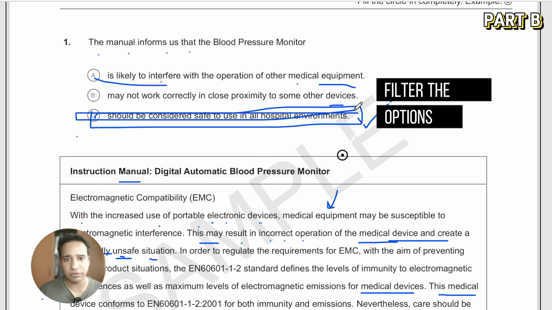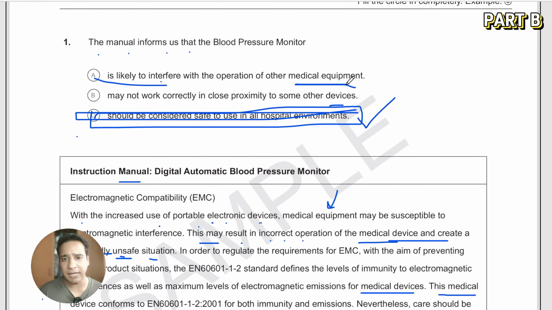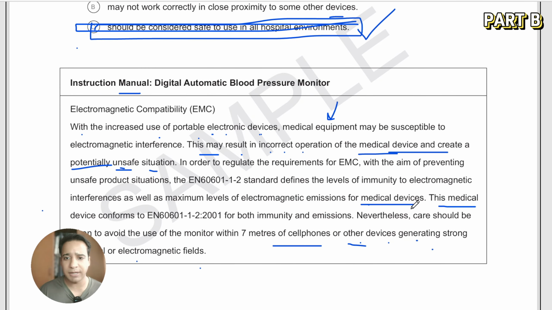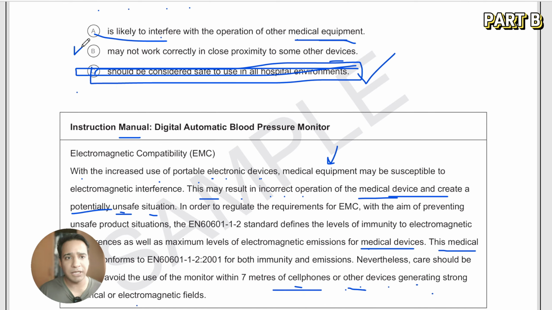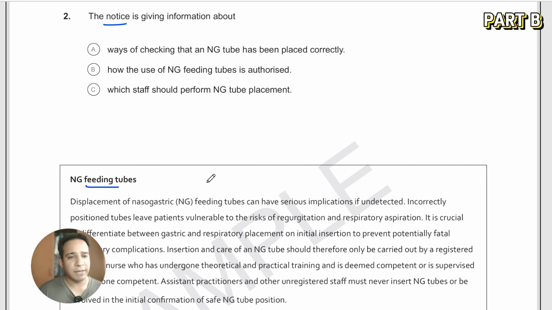Just filter. Okay, now you're left with A and B. It's talking about medical equipment, but here it's medical devices and cell phones as well. That's why B will be correct, because some other devices may not work correctly. So B is correct.